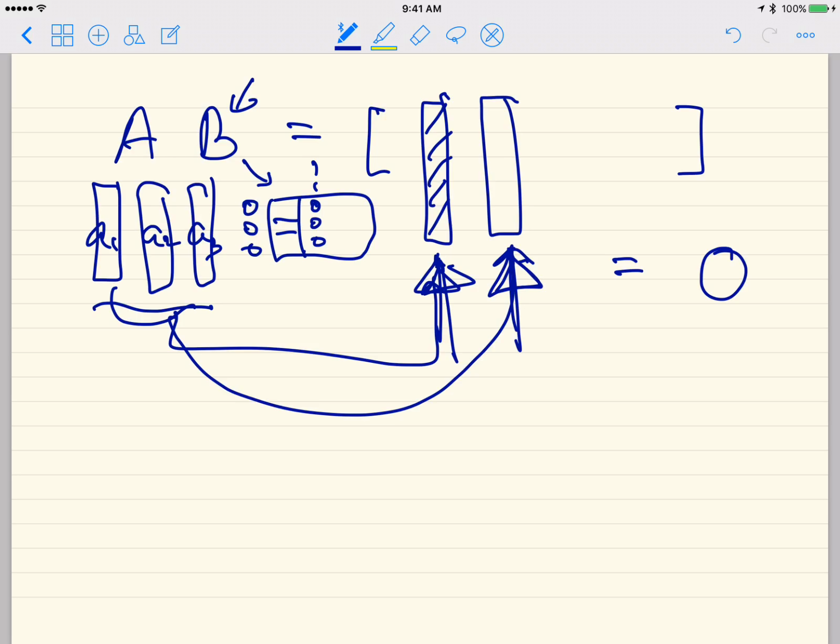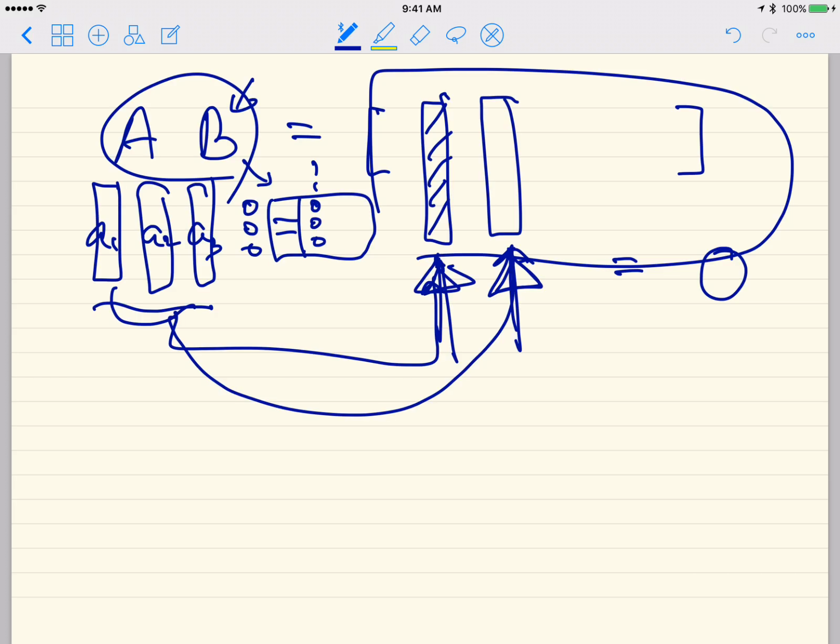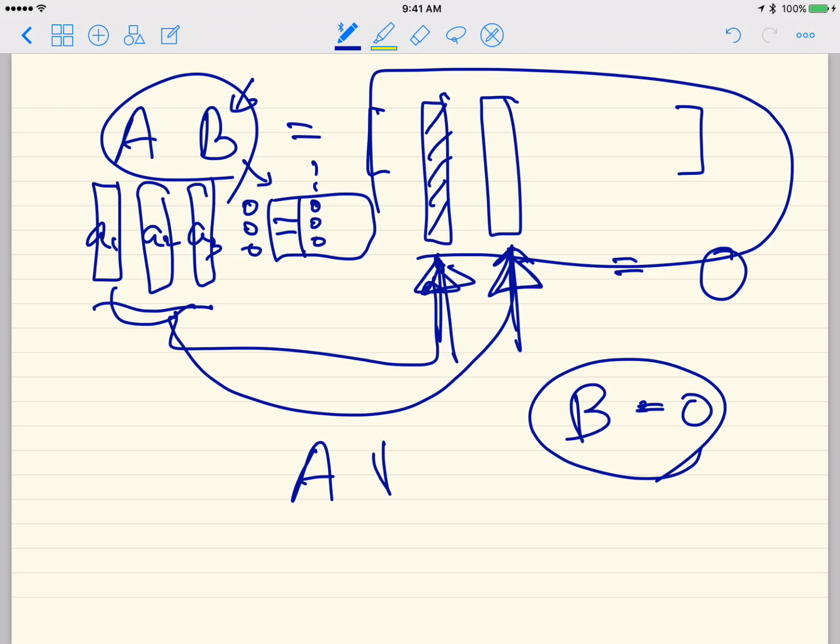So that is really trivial and quite easy and not an interesting case, right, to create a completely zero matrix as A times B. So if B was 0, then regardless of what A is, A times B is 0. Okay, and now let's think about a little bit non-trivial case.